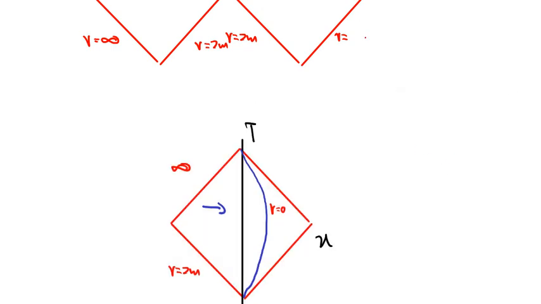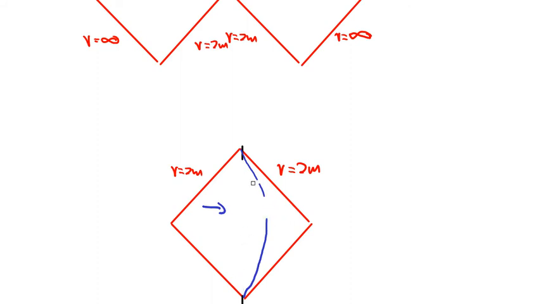So this is r equal to infinite, and then this was r equal to m. So we need to rotate to match through r equal to 2m. So that's what I'm going to do now. Rotate. But we no longer need this, so I just delete this.